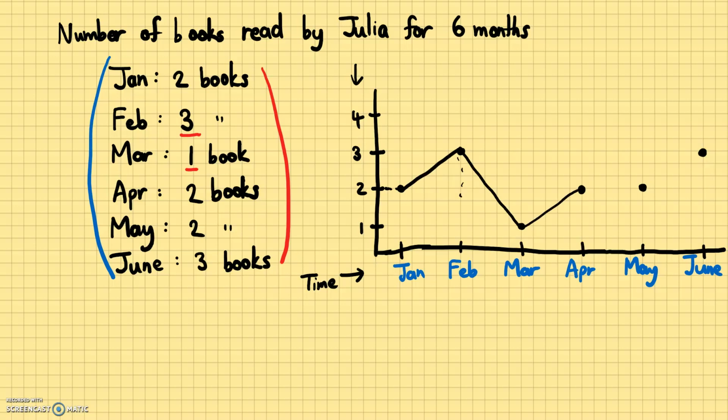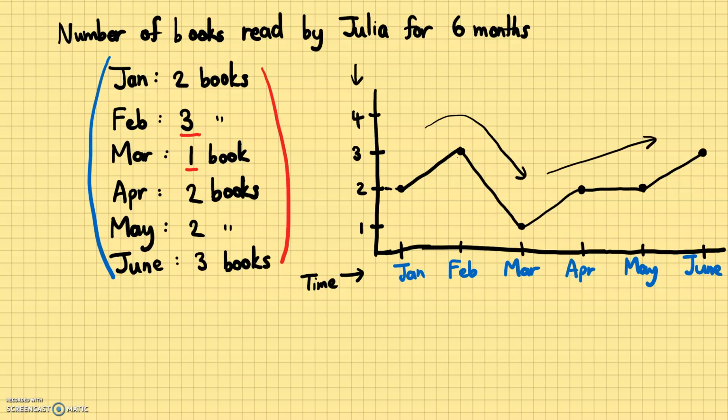When you do this, I advise you to use a ruler so that the lines are straight. If the lines are not straight, it's going to be a little bit deceptive. If you connect the dots with a line like this, you can see a pattern over time. Julia was reading well for the first half, then she went downhill towards the middle, and then she went up again.